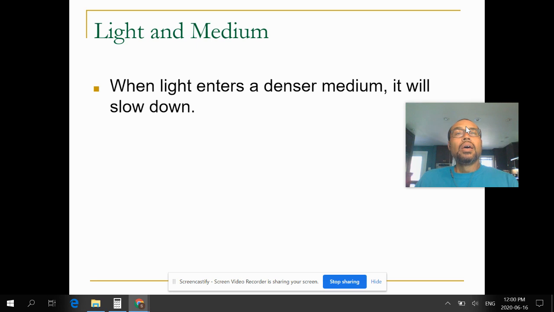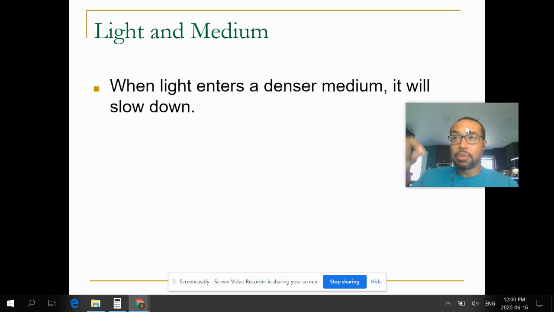And these photons travel at the speed of light. However, when light goes from something like the vacuum of space to the atmosphere, or from the air through the glass lenses in my glasses, what happens is the individual photons will bounce around because it's gone from nothing, the vacuum of space, into hitting all these air particles.